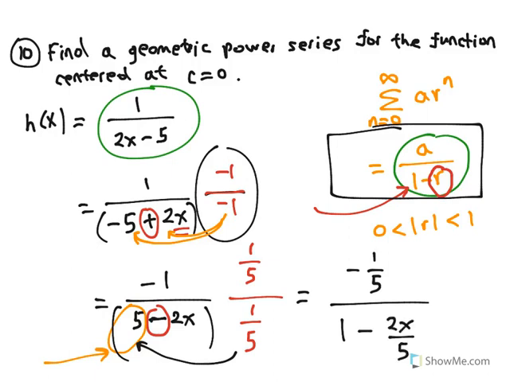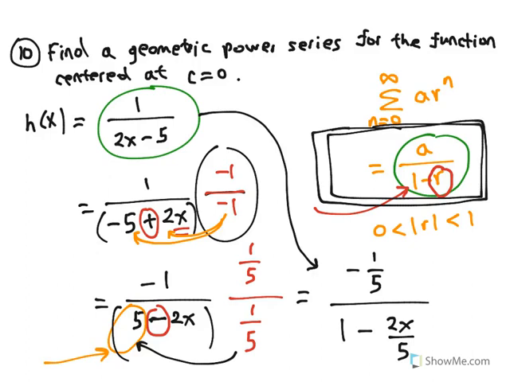2x over 5. So now you can see that our function h has been rewritten so that it is in the form a over 1 minus r. And once you have it in that form, you know that this is a, and you know that what you have here is r. So you can easily represent this function with a geometric power series on its interval of convergence.